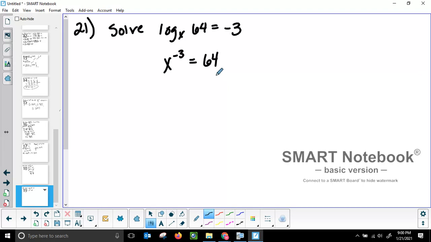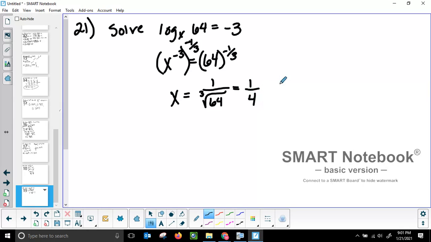So what to the negative 3rd power would be 64? You can actually just raise both sides to the negative 1/3 power. This will give you x to the first, which is just x. And 64 to the negative 1/3 power is simply 1 over the cube root of 64. The cube root of 64 is 4, so this is just 1/4.